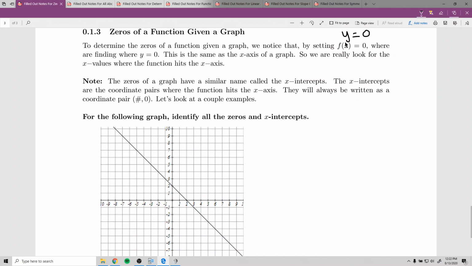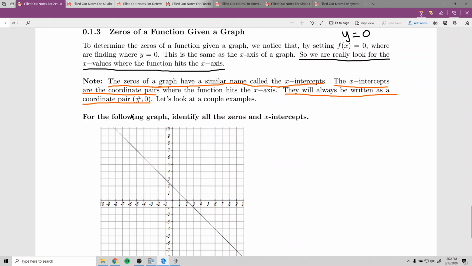So really what we are looking for are the x values where the function hits the x-axis. You may know them as the x-intercept. The zeros of a graph have a similar name called the x-intercepts. The big difference is the x-intercepts are coordinate pairs, and they will always be written as that number, comma 0.